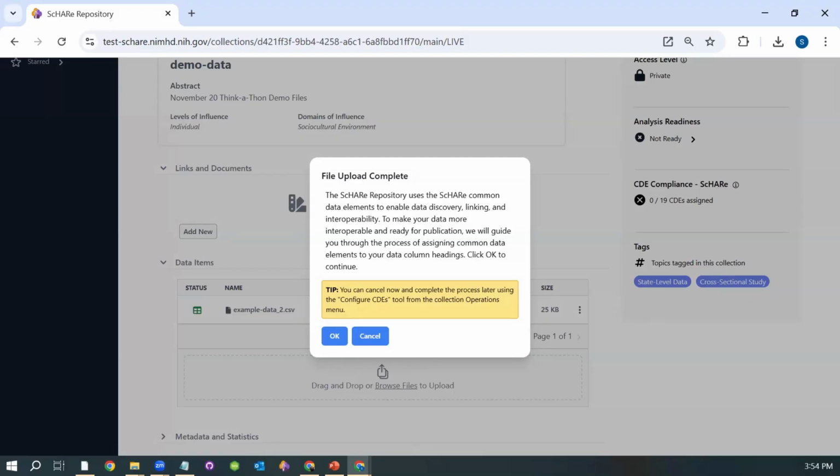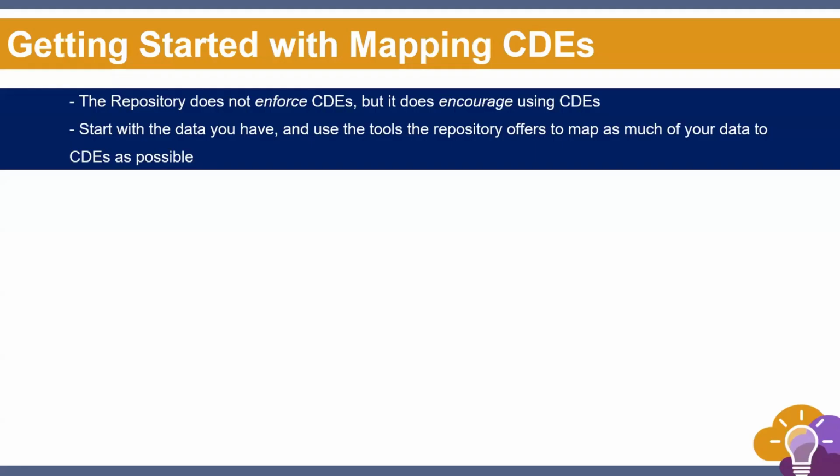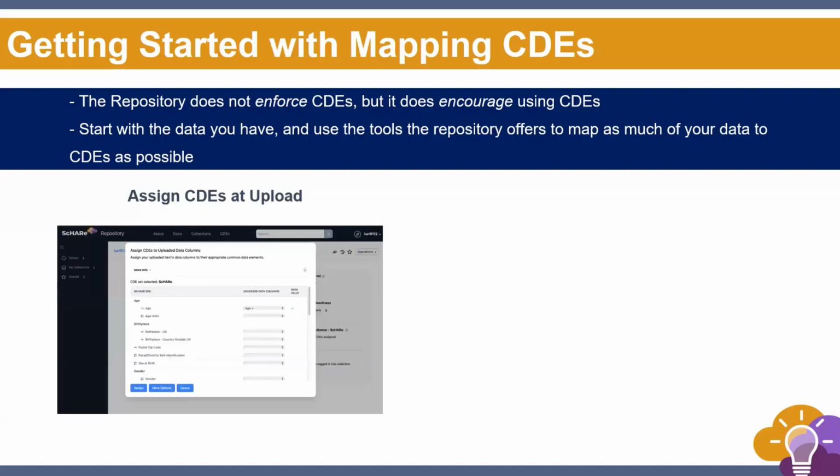But before assigning CDs to datasets, I would like to mention that we have two different options. After uploading datasets, we can automatically assign CDs. So we have two options. The first option is assigning CDs after uploading your data.